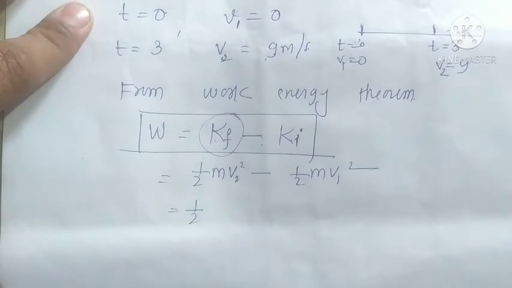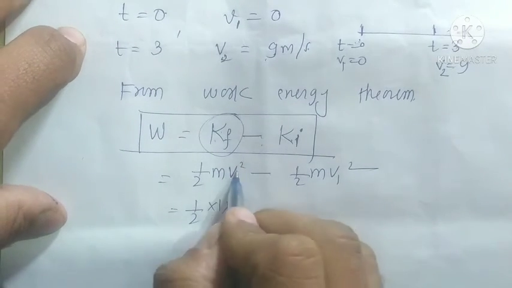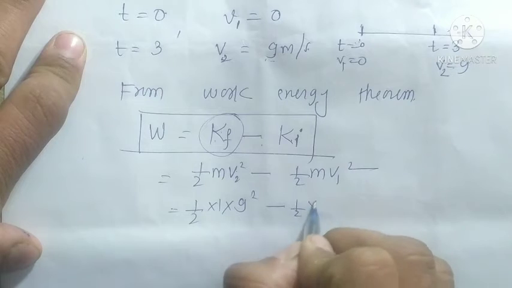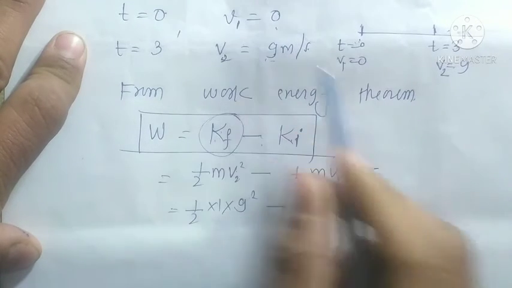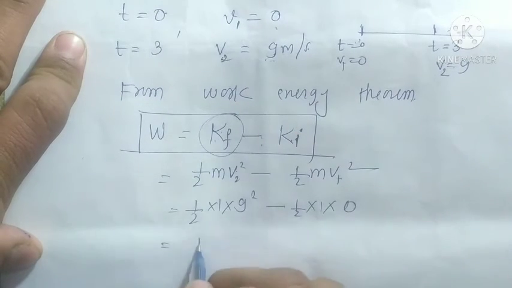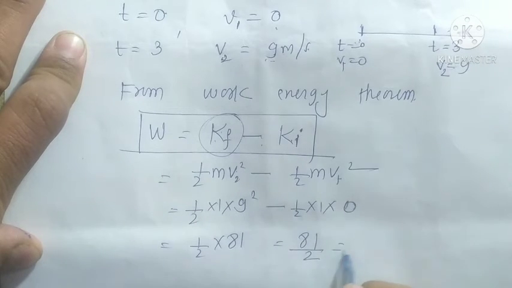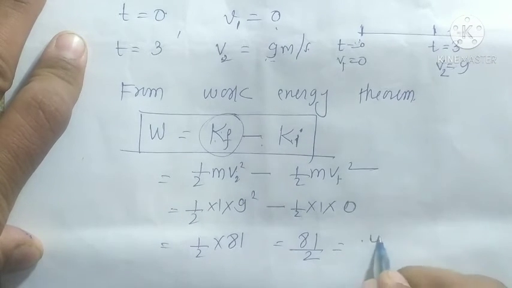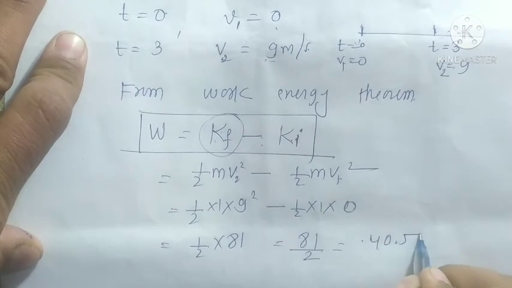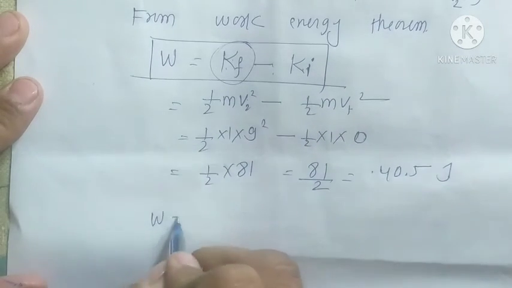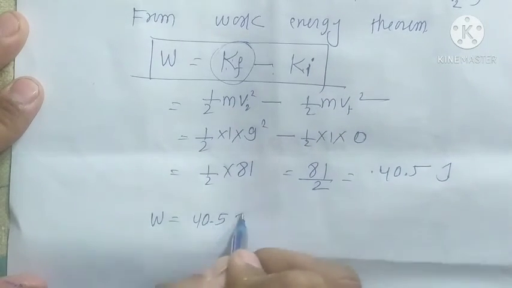So we put half into 1 into 9 square, minus half into 1 into v1, which is 0. Finally, half of 81, that is 81 upon 2, is 40.5 joule. This is our answer. So work done is equal to 40.5 joule.